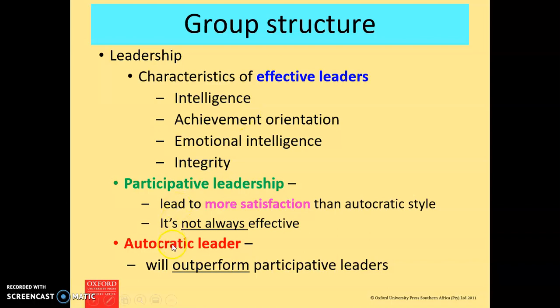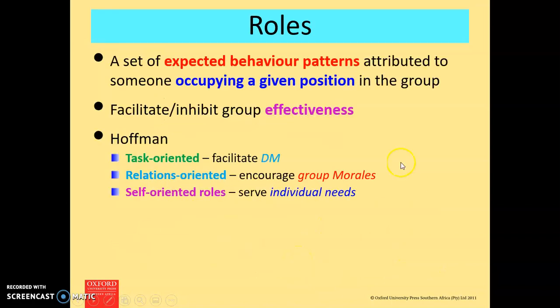So it is not always effective, however, participative. So sometimes leaders need to be autocratic. So autocratic leaders can outperform participative leaders in certain occasions, certain situations.